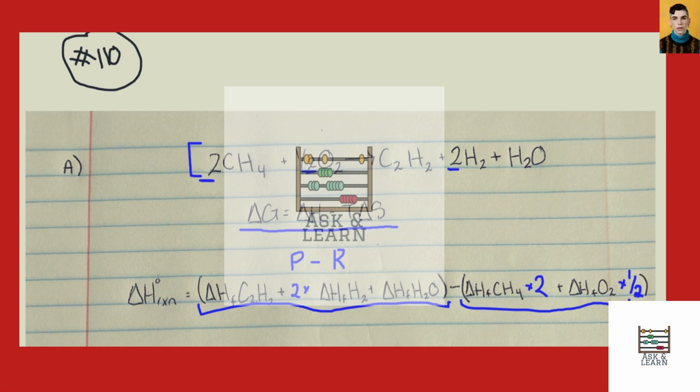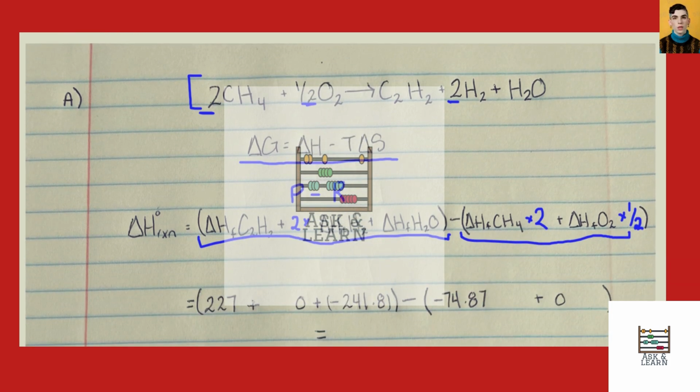I have filled in the little skeleton here, so these values correspond to the delta H of formation of these molecules up here. Again, we're going to want to add in our coefficient. So do that again. It's always good practice. 1/2.